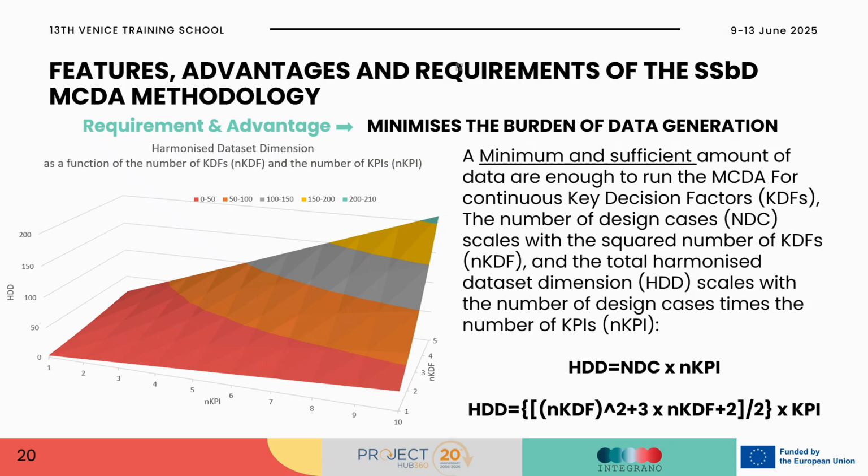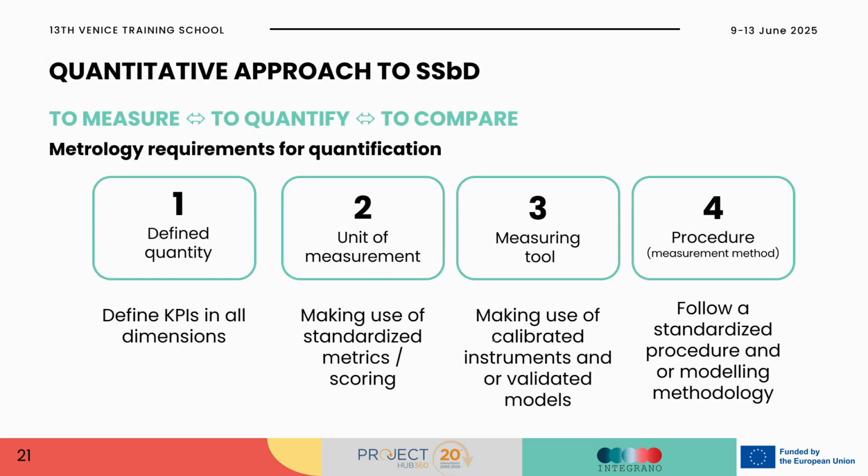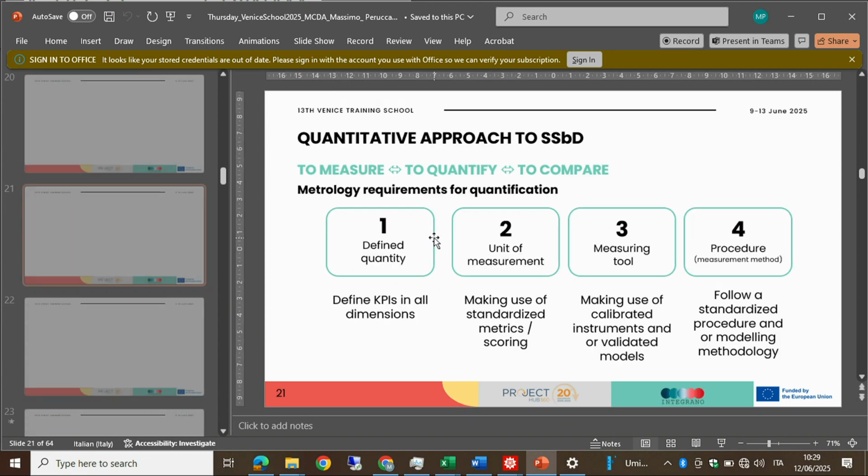It's important to design the right key decision factors to render the problem tractable, and this scales, of course, exponentially. So let's dive into a specific case study. Then we can make some comments.